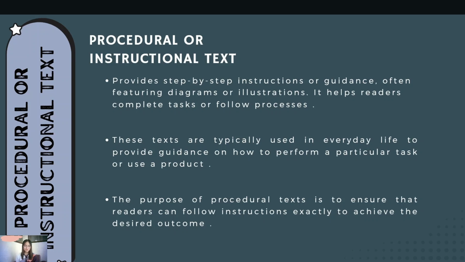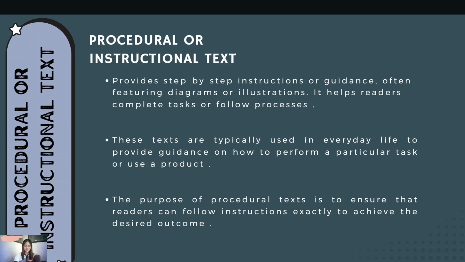These texts are often accompanied by diagrams, illustrations, or charts to help clarify the steps and make the process easier to follow. The language is typically clear, direct, and concise, ensuring that each step is easy to understand and implement.